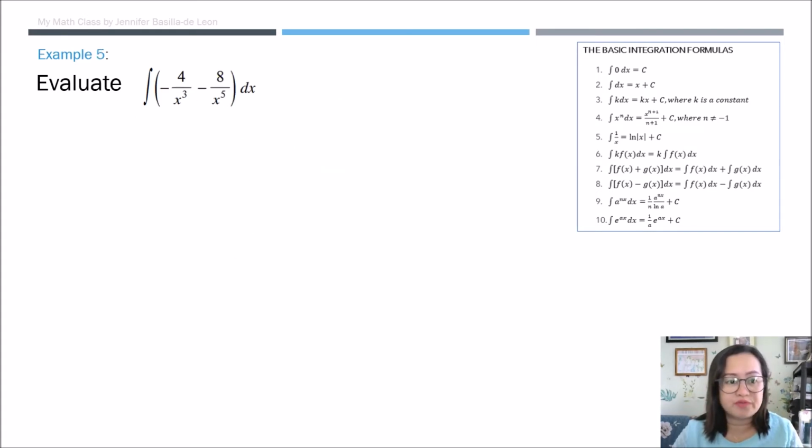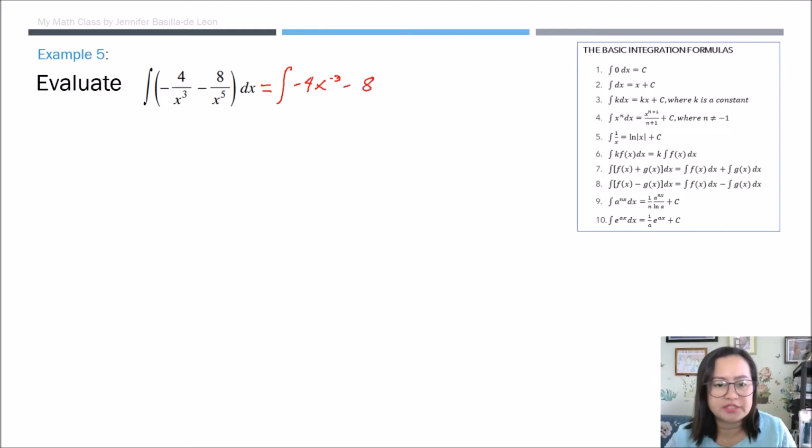Let's have example number 5. Evaluate the antiderivative of negative 4 over x cubed minus 8 over x to the 5th power dx. Now rewriting the expression such that there will be no term in the denominator, we will have negative 4x raised to negative 3 minus 8x raised to negative 5 dx.